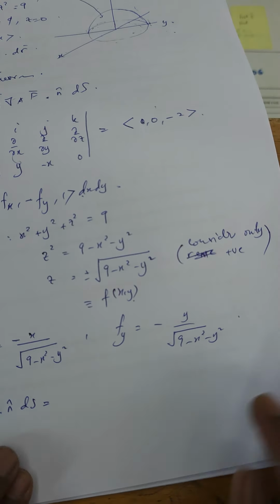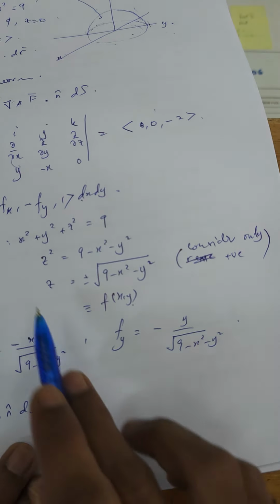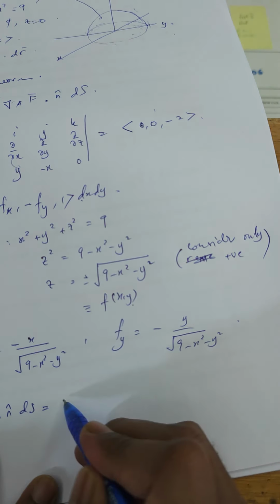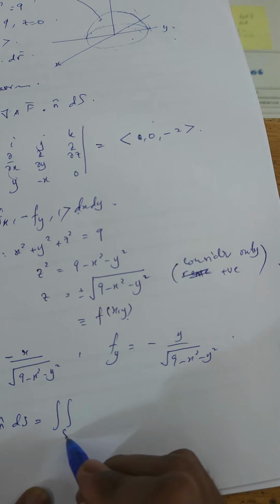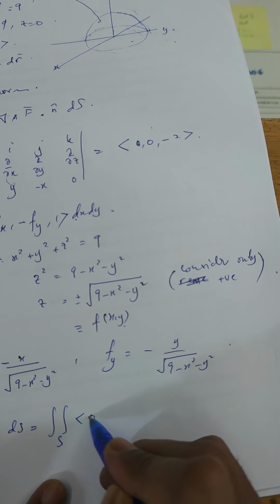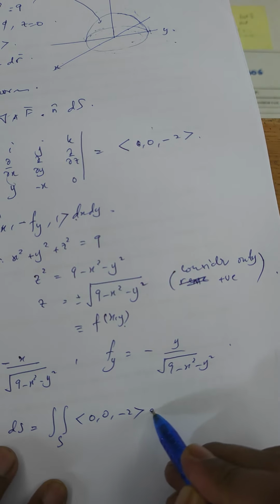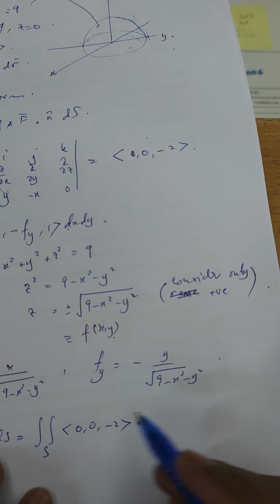That gives you the integral over S of 0, 0, minus 2 dotted with n ds, which is this thing.